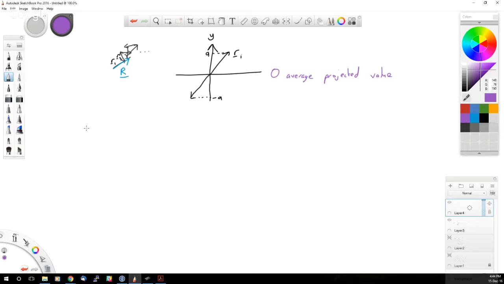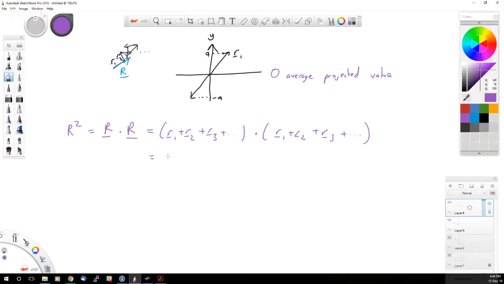So we've got our R squared, which is given by the dot product of the vector R with itself, is equal to r1 plus r2 plus r3, and so on and so forth, dotted with r1 plus r2 plus r3, and so on.